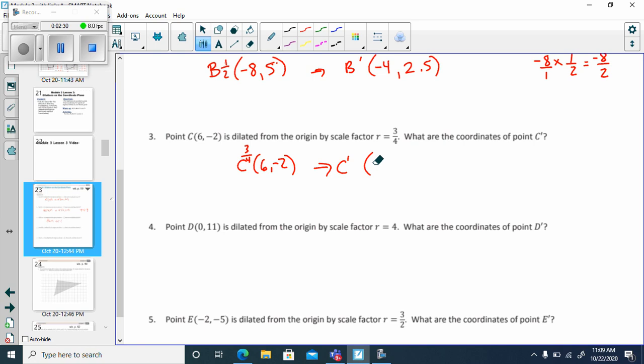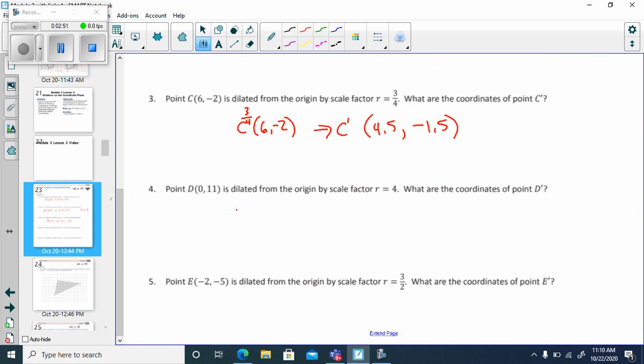Okay, so this is 4.5. And 3/4 times negative 2, that would be negative 2 times 3 divided by 4, which gives you negative 1.5. My point is at (4.5, -1.5). That's where C prime would be.